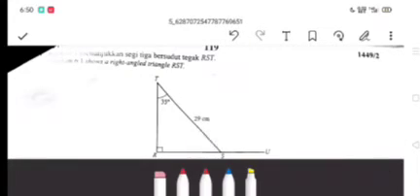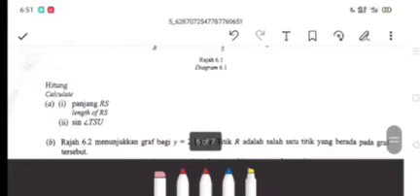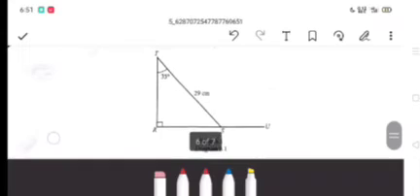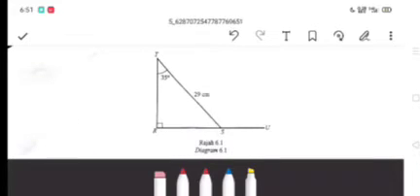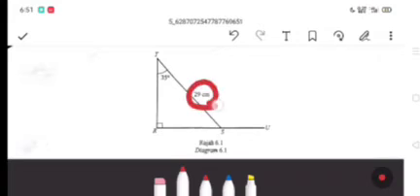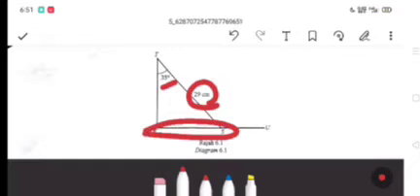Question 13. Diagram 6.1 shows a right angle triangle RST. Calculate first the length of RS. The question gives us two data, which are 29 cm for TS and angle RTS is 35 degrees, and this triangle is a right angle triangle. Since it is a right angle triangle, we can use sine, cos, tangent to find RS.